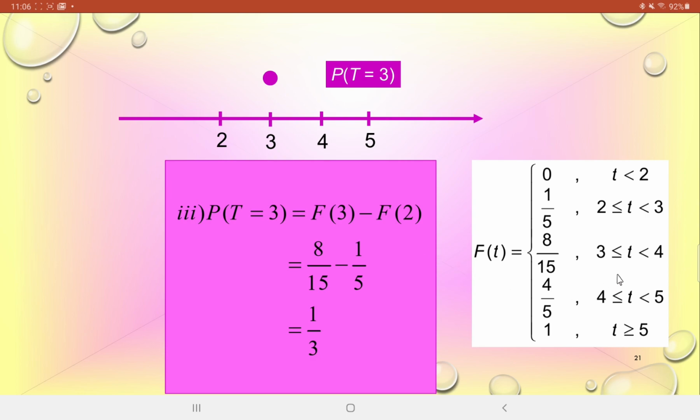From the cumulative distribution function, F(3) is equal 8 over 15 and F(2) is equal 1 over 5. So 8 over 15 minus 1 over 5, and the answer is 1 over 3.